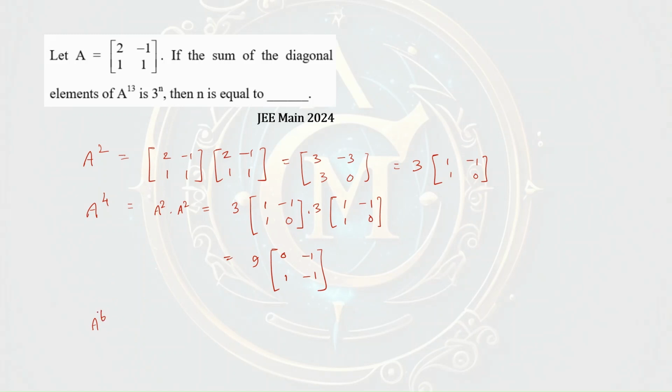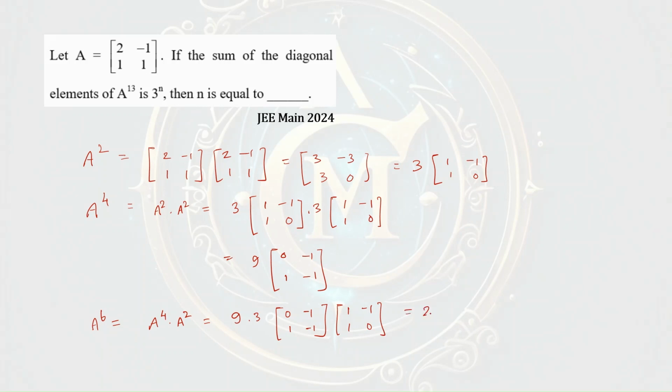Similarly, we can calculate A to the power 6. It will be equal to A to the power 4 times A square. So it will be 9 into 3, since A square has 3 common. So we multiply the scalars outside independently and then multiply the matrices individually. So it becomes A to the power 4, which is 0, minus 1, 1, minus 1, and it is multiplied with 1, minus 1, 1, 0.